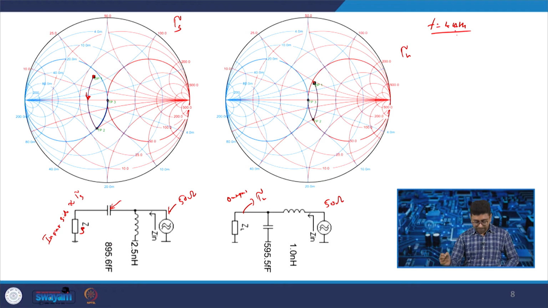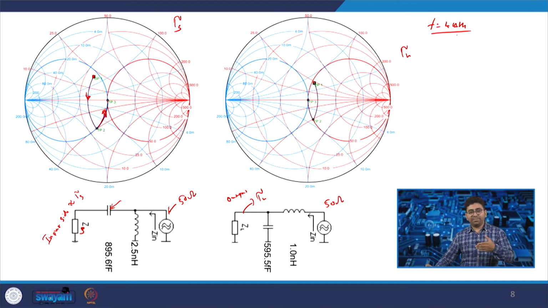4 gigahertz. And when you go up on the Smith chart, we are using a blue line, that is admittance. So, when you are adding admittance using a blue line, when you are traveling on the admittance Smith chart, you are going to add the component in parallel, and that is an inductor, because we are moving up on the Smith chart.